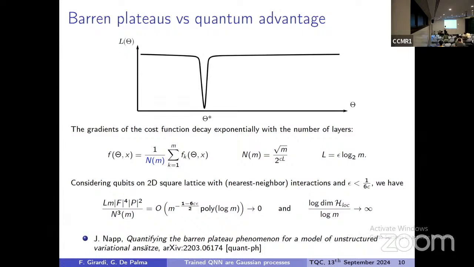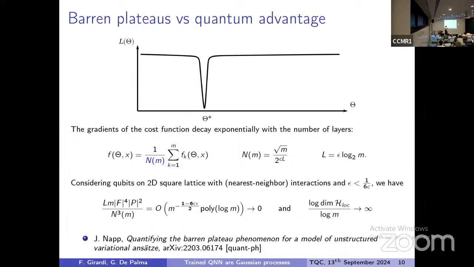But the first thing that we have to notice is that this phenomenon will be associated with an exponentially decreasing normalization constant, using the results of this paper, exponentially decreasing in the number of layers, and this is also exponential in the number of qubits. Therefore, whenever there are Barren plateaus, it's easy to prove that our hypothesis will fail, and therefore we are not proving that when there are Barren plateaus, the quantum neural networks are trainable.